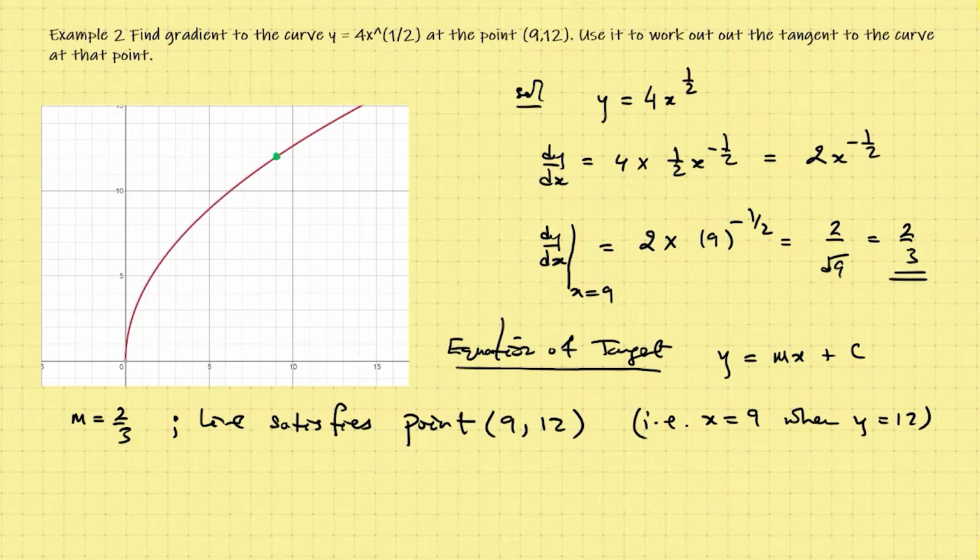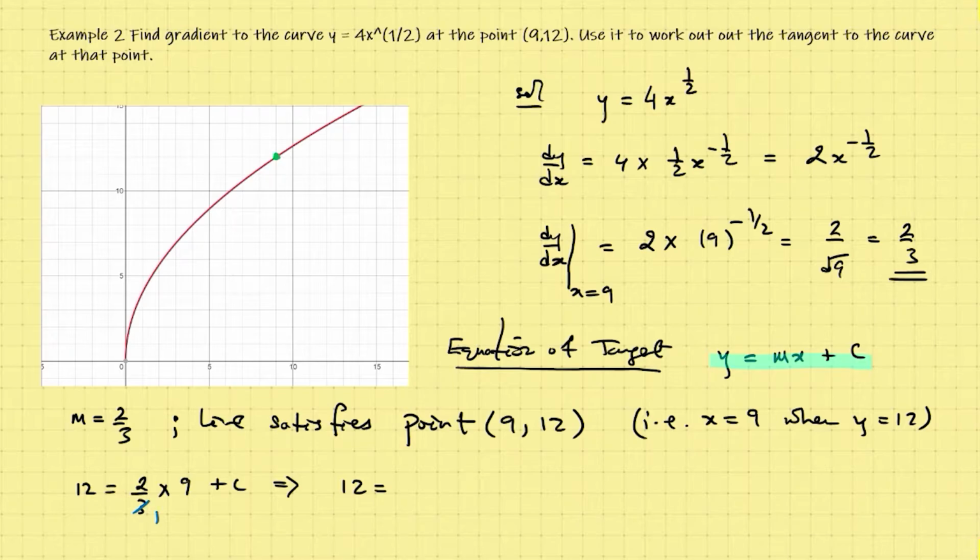So we sub all this into our equation of a straight line. My y is 12, my m is 2/3, and my x is 9, and then the plus c is there. And we simplify this, so we get 12 is equal to, let's just cancel these things here.